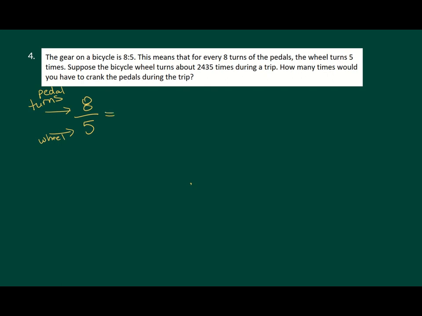The wheel turns about 2,435 times during the trip. How many times would you have to crank the pedal during the trip? So we're going to set that up as a ratio and cross multiply.